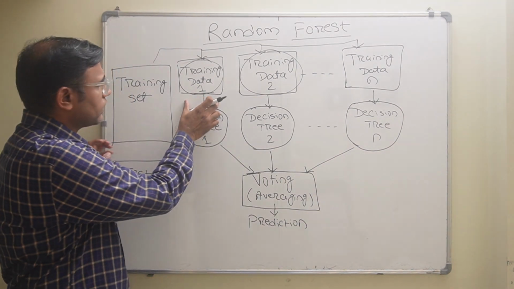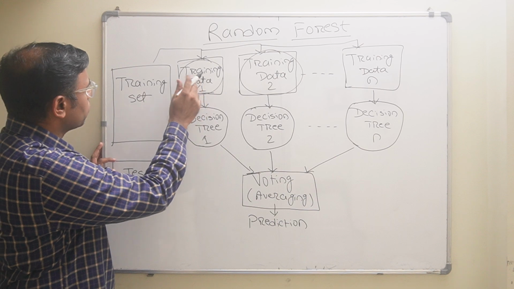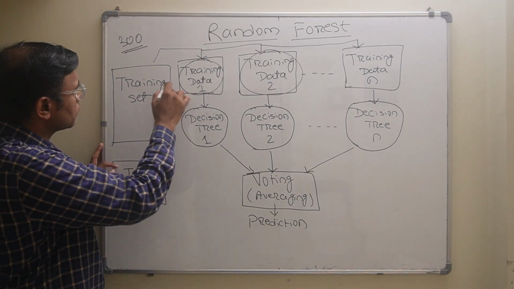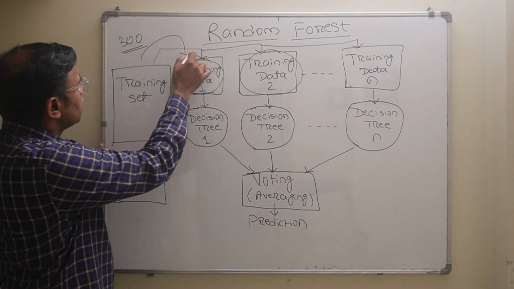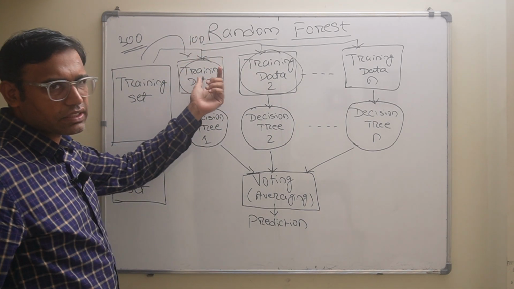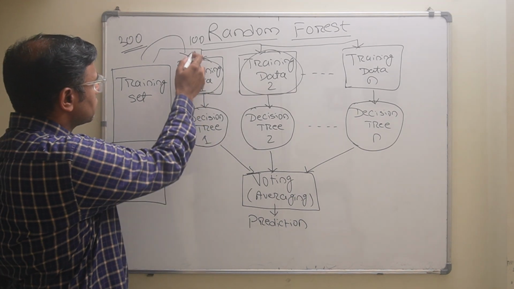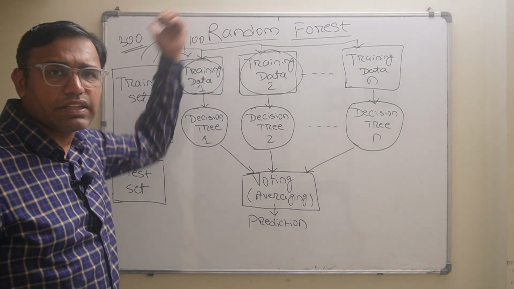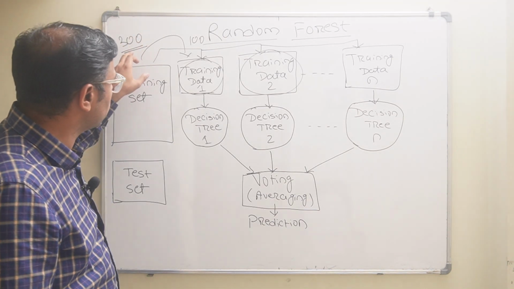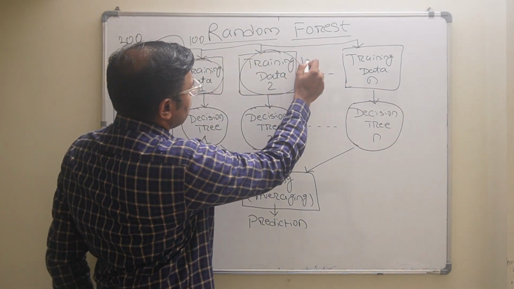Now how is this training data constructed? Suppose there are 300 instances. Suppose randomly 100 instances are selected. Once the 100 instances are selected, a decision tree is created. These 100 instances are returned back. Then again from the 300 instances available, again 100 instances are considered.